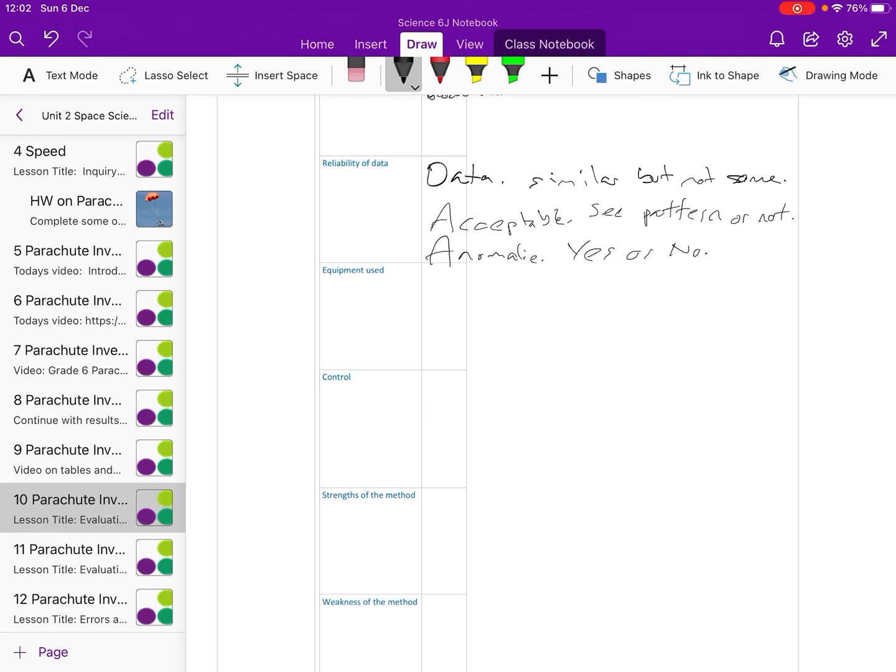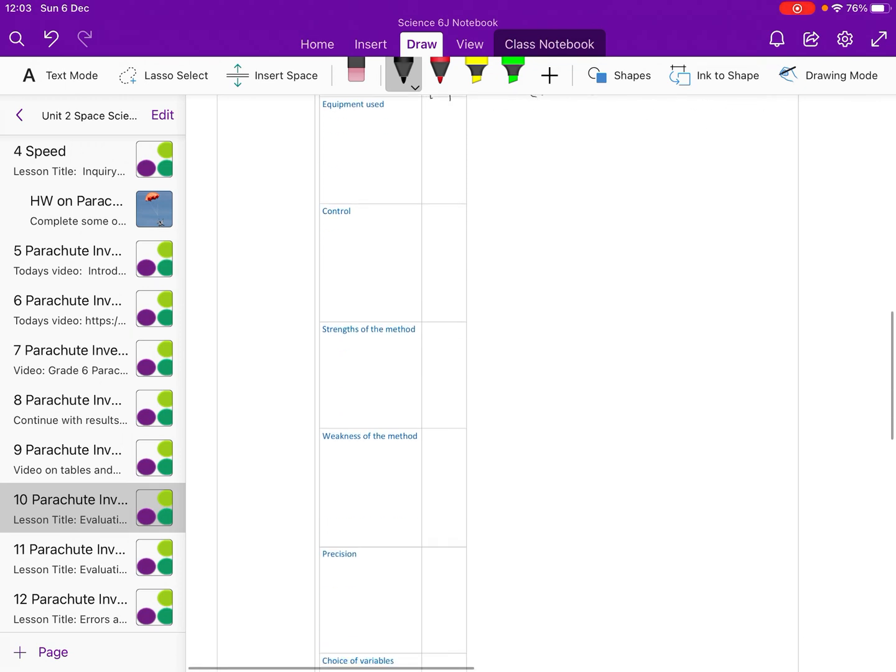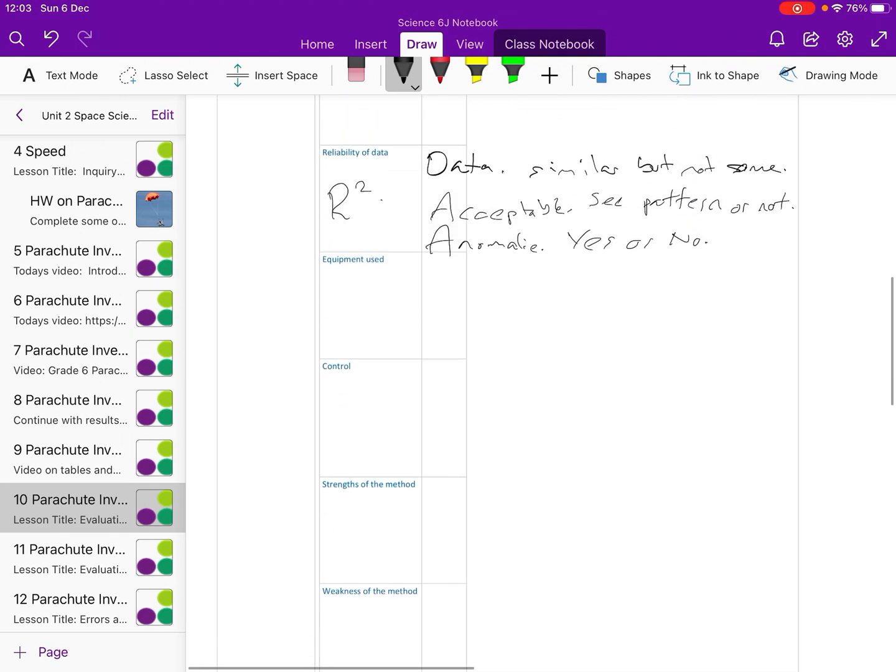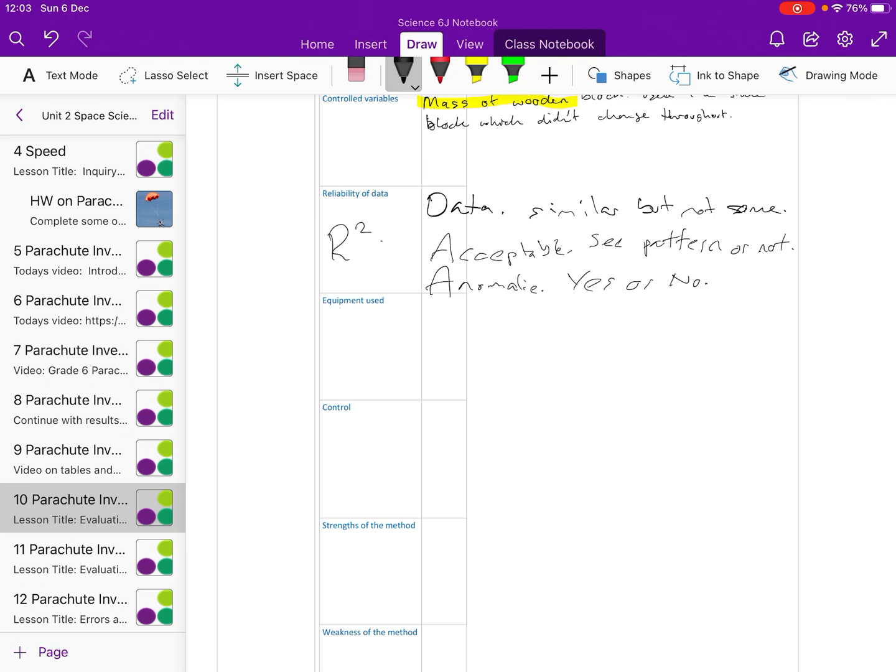Yeah? If you did it, you may have done an R squared on your graph. I think I mentioned it in the video, but I might not have done. An R squared is a comment on whether it's data that's really close to the line, or whether you get the line of best fit and the data is like all over the place. Yeah? So this would be a good R squared.